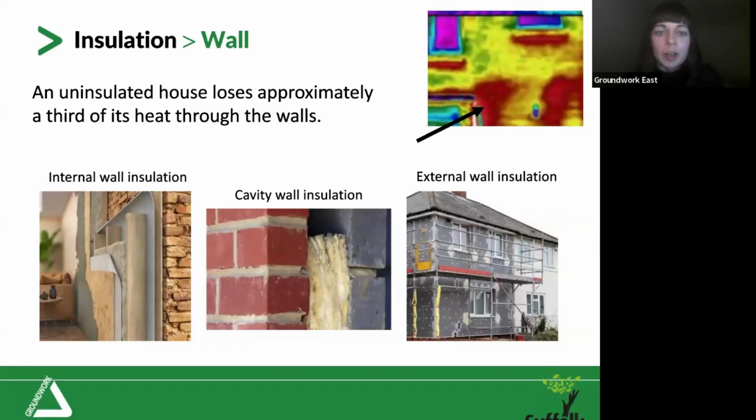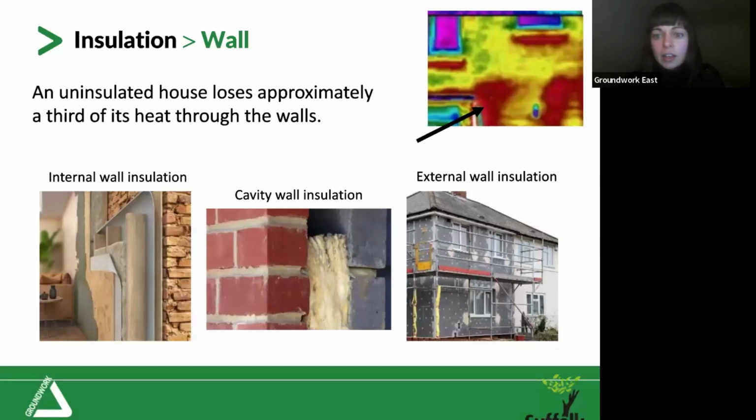On a lot of listed properties it's often not something that can be done, because it changes the aesthetic of the building. Historic England have a lot of guidance on that, which we have listed in the notes at the end as well. So that's one type.